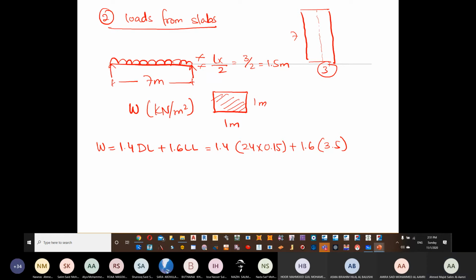Now can you give me this value? The total value, according to you, is 10.64 kilonewton per meter square.